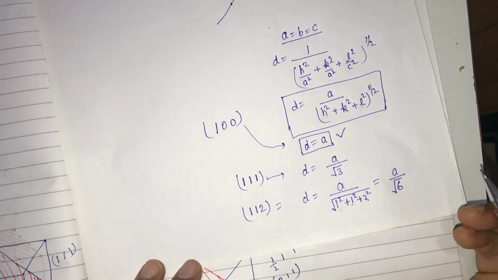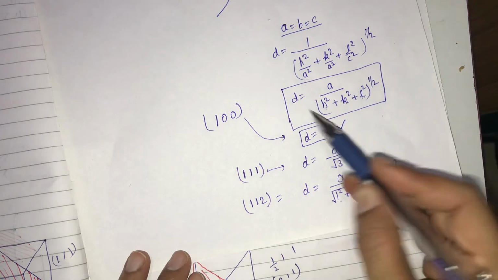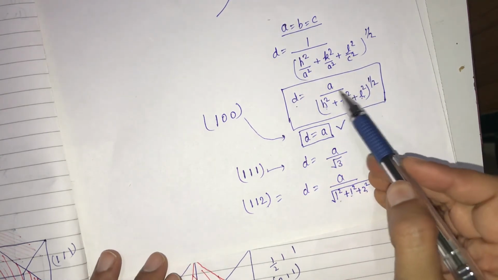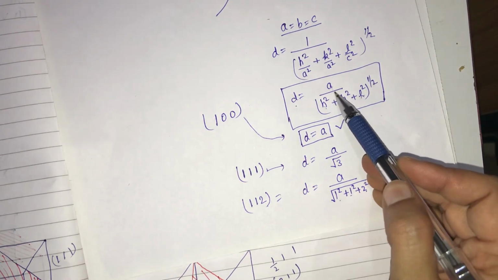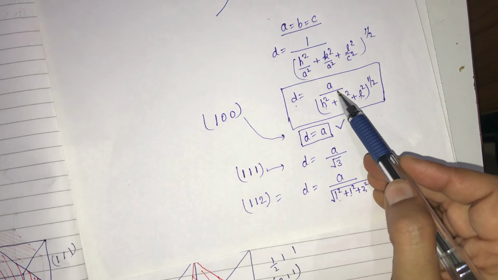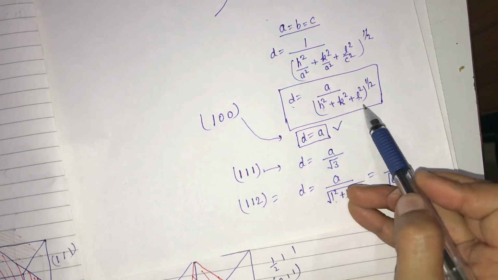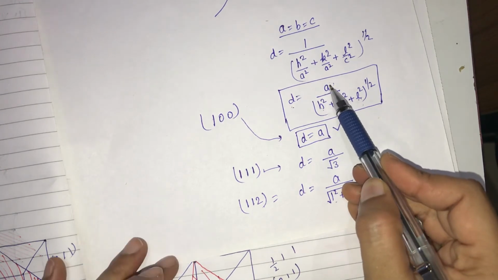Hope you understand that if we have given Miller indices, then we can find the interplanar spacing. And if this is a cubic system, then a, b, c are equal, and if we want to determine the lattice parameter for a cubic crystal, and the d value is given and Miller indices are given, then we can also find the value of a. Clear?